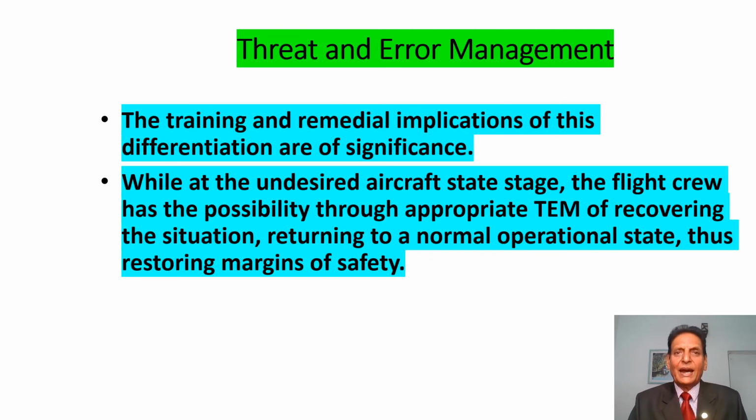The training and remedial implications of this differentiation are of significance. While at the undesired aircraft state stage, the flight crew has the possibility, through appropriate threat and error management, of recovering the situation, returning to a normal operational state, thus restoring margins of safety.